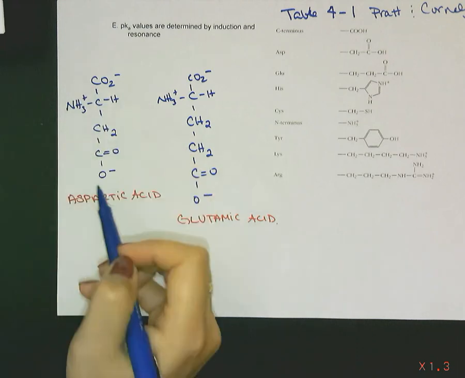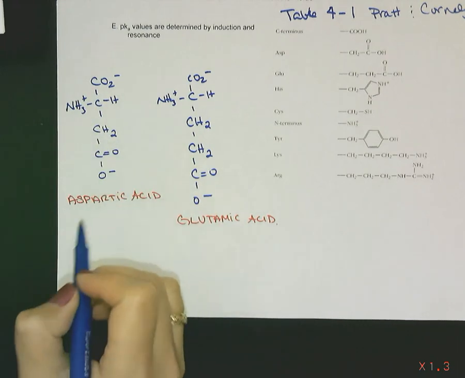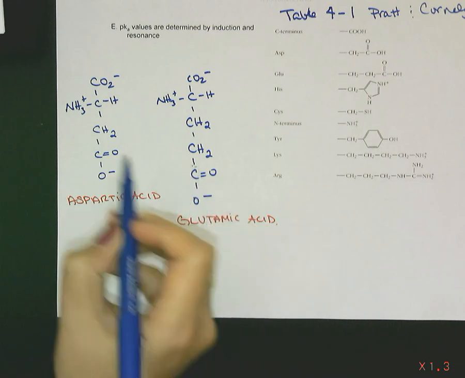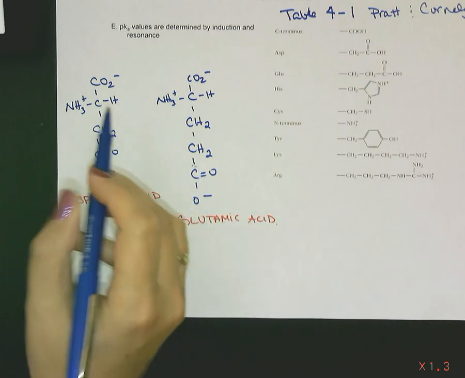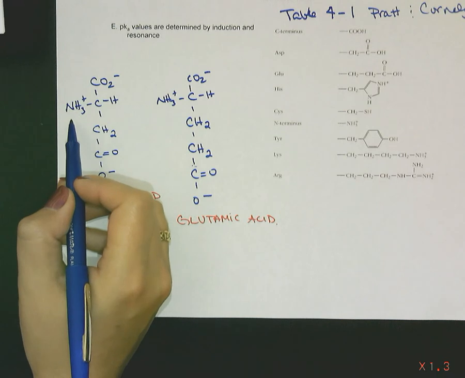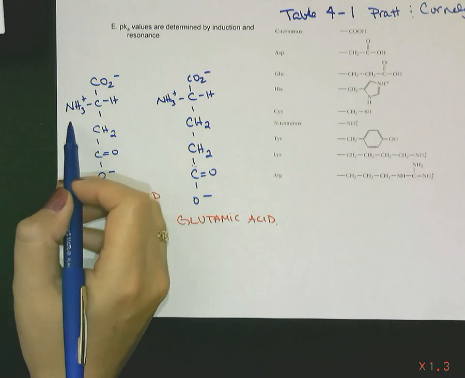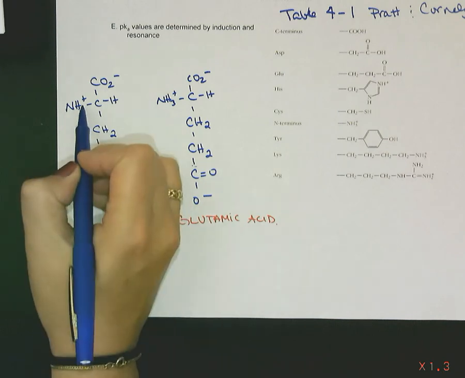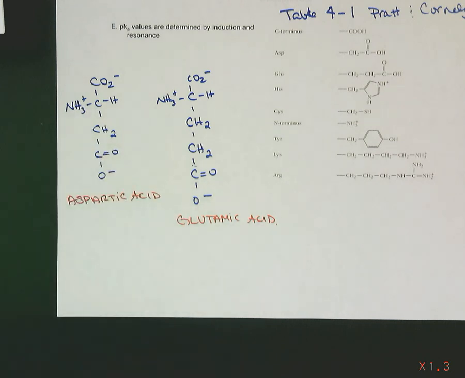Looking at the functional groups on both of these, they're the same, right? Except for this one CH2 group. This one's slightly longer than this one. Is the amine going to withdraw electron density or donate electron density? So if it has a positive charge, does it want more electrons or does it want to give even more away to become more positive?